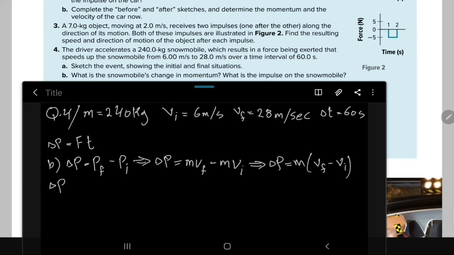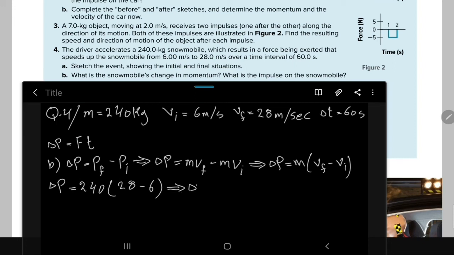So delta P, now we will write the numbers. We have the mass, which is 240, multiplied by V final minus V initial. V final, we have it 28 minus 6.